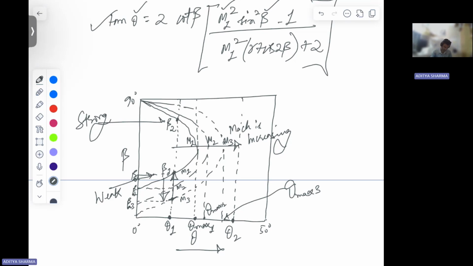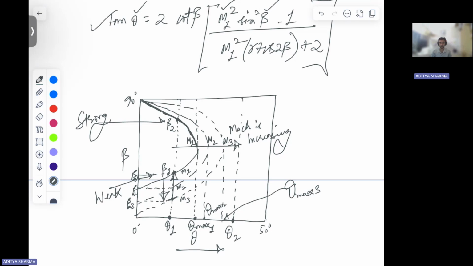Okay, so this solution, the solution on which I am drawing this thick line, this basically for M1 Mach, corresponds to your strong oblique shock.